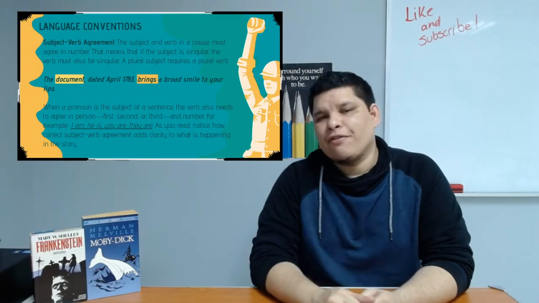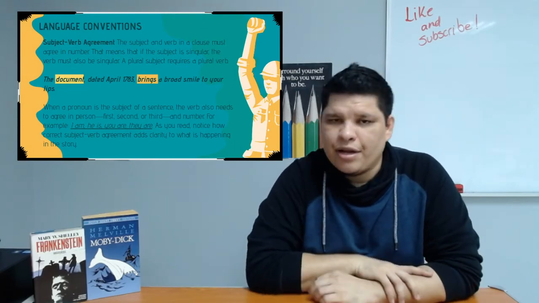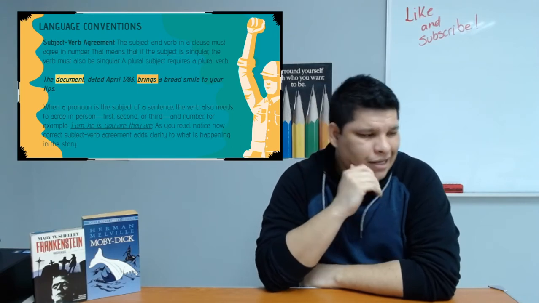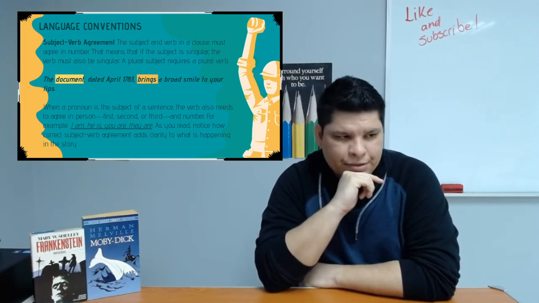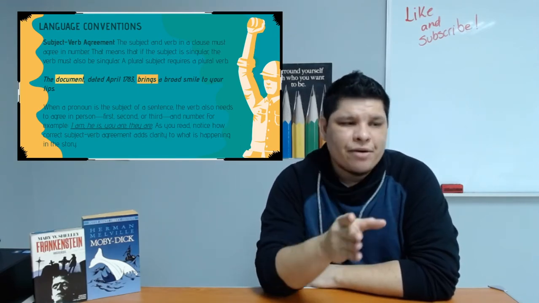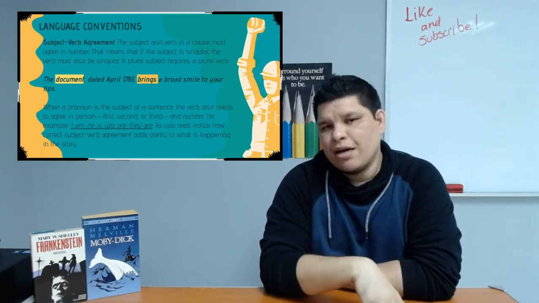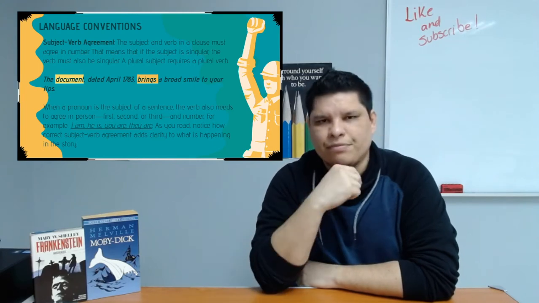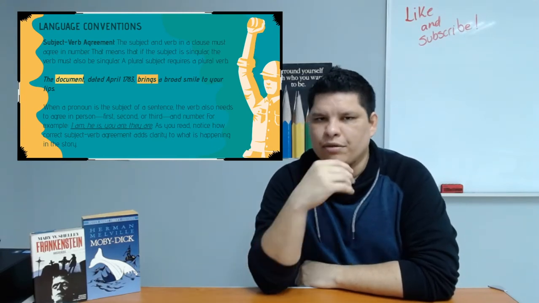For language conventions, which is the third part that we're going to be analyzing about this story, we are going to study subject-verb agreement. The subject and verb in a clause must agree in number. This is what we call grammatical number, singular or plural.